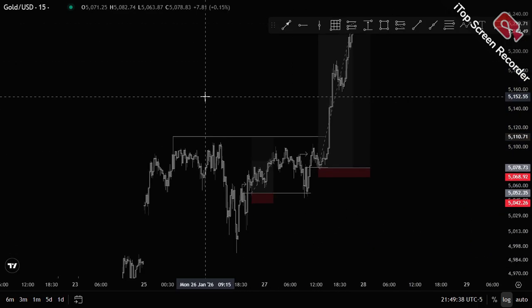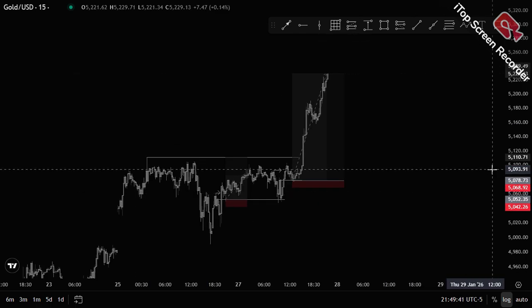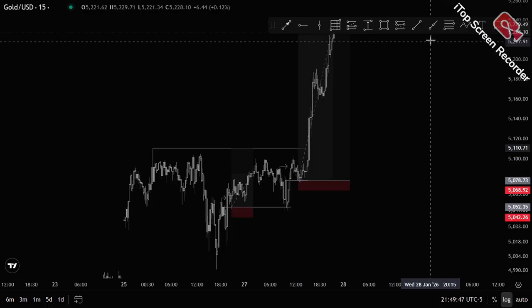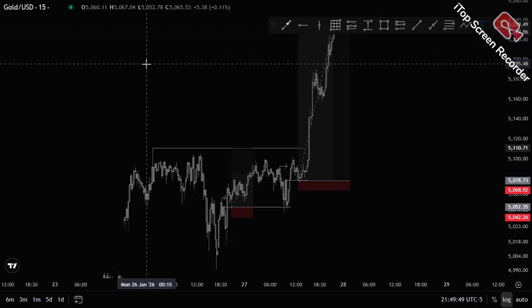So these are just the two setups that you will have caught if you know these three steps. Right. So the first step is to identify rejection. Second step is to identify a break of structure.